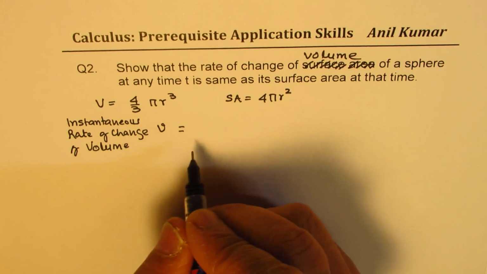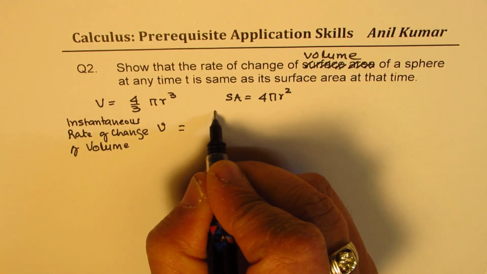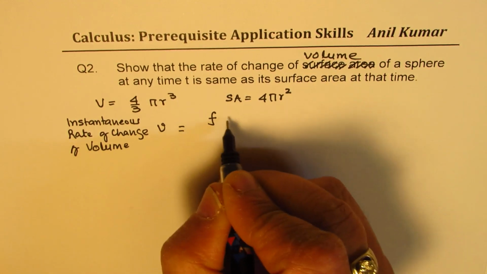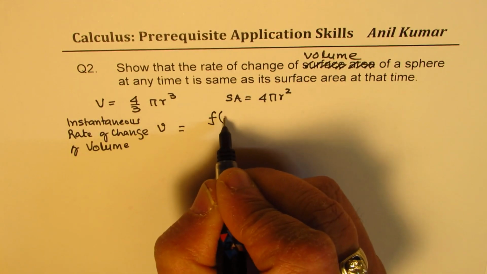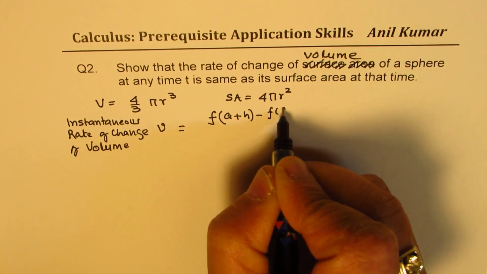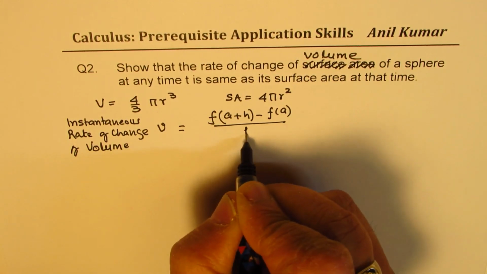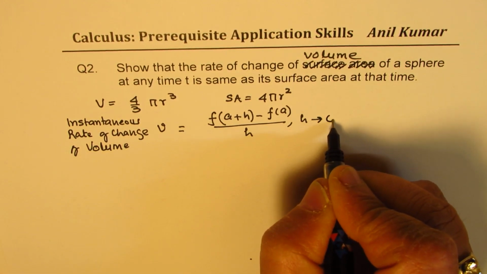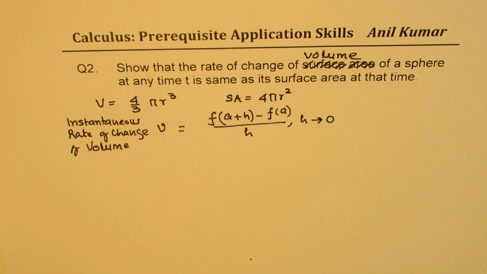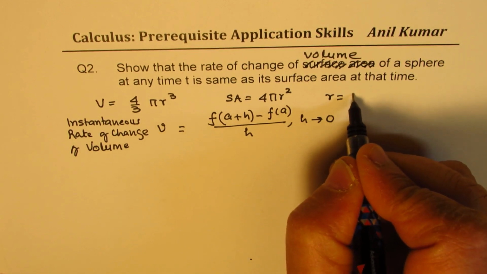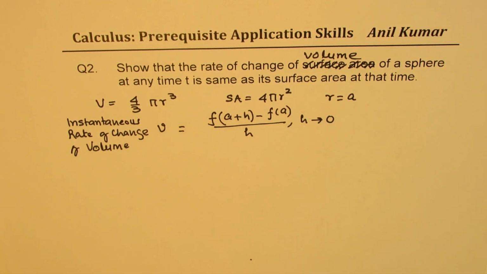The instantaneous rate of change formula which you have been using is the value of the function, that is the volume, at some value a plus h, minus the value of the function at a, over h, where h is approaching 0, very, very small. That is how you have been finding instantaneous rate of change, correct? So where r is equal to a at a given time.